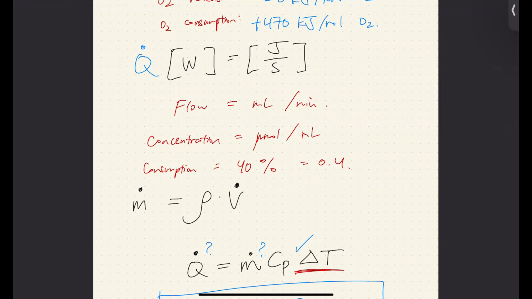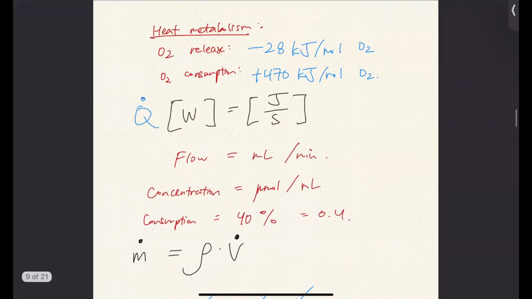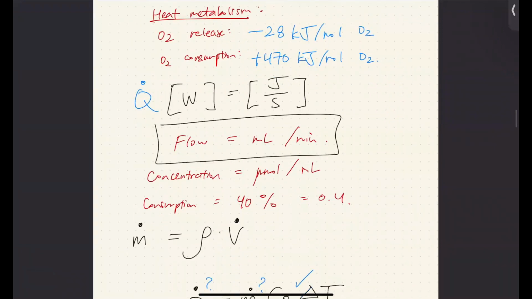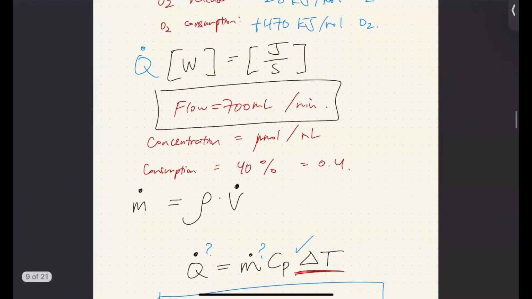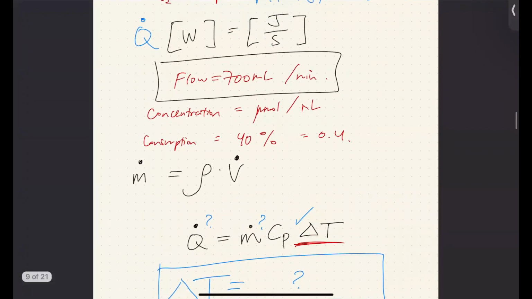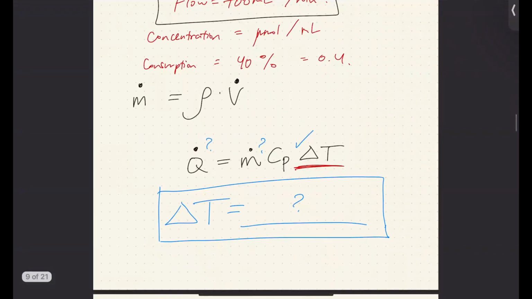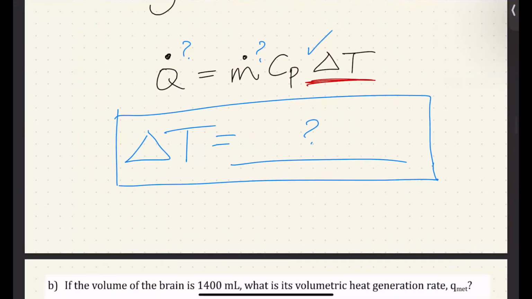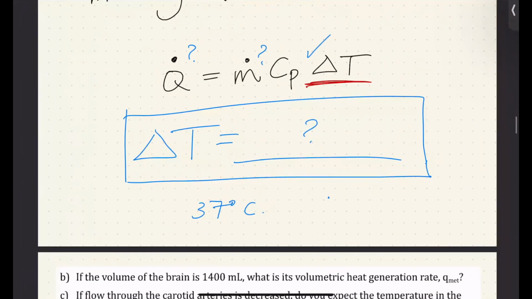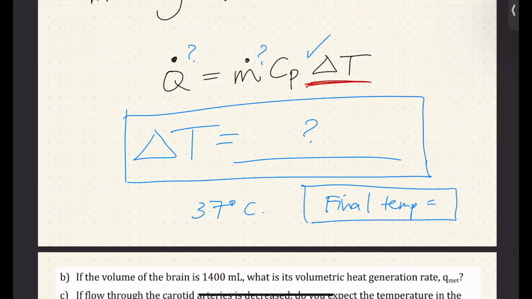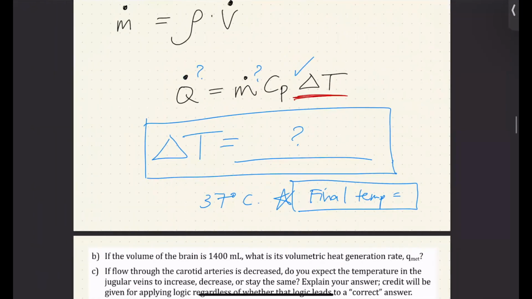You are given your flow above, right here. 700 mils per minute. You also know the density of blood, or you can look it up online. So you have your M. And then you should be able to calculate delta T, and you know it starts at 37 degrees Celsius. So you should be able to find that final temperature. That's what you're really looking for, the final temperature.